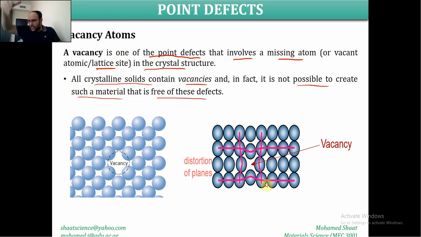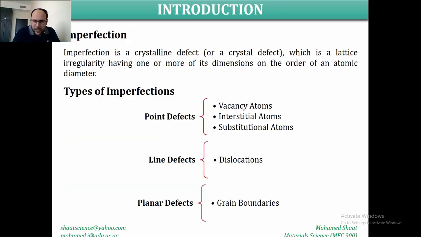All of these planes of the atoms will be perfect, completely straight. But what is happening here, because we removed it intentionally by force, or even if not, anyway this vacancy will be there. It means that anyway you're going to end up with some distortion in this plane. This is the vacancy atom.